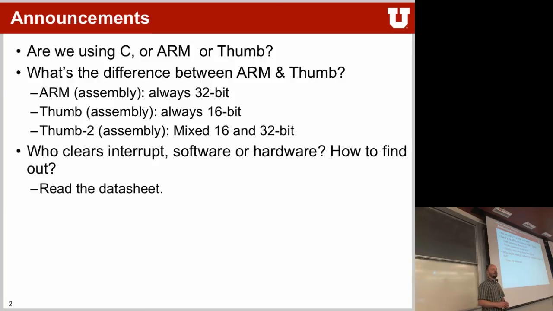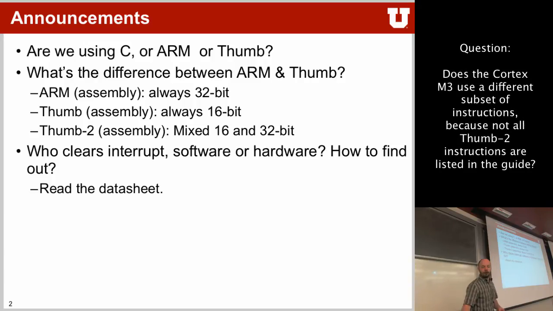Yes? So I finally found the Cortex-M3 guide on ARM's site. It's a pain in the neck to find. But does the Cortex-M3 do kind of like a hybrid between 1 and 2 and not do some of the 32s? Because you look at that 180-page guide. Yes. It goes over the instruction set. It doesn't include everything that's on the full thumb2.